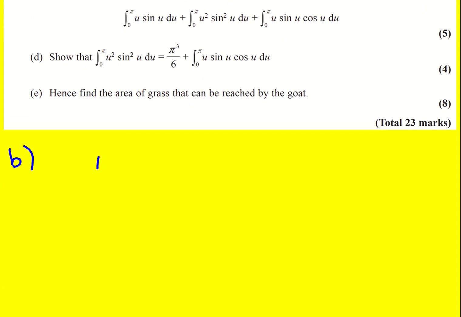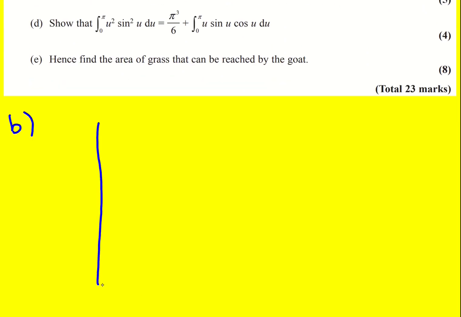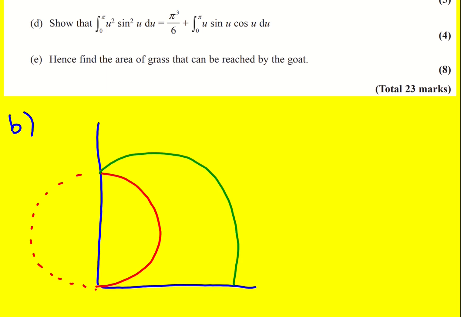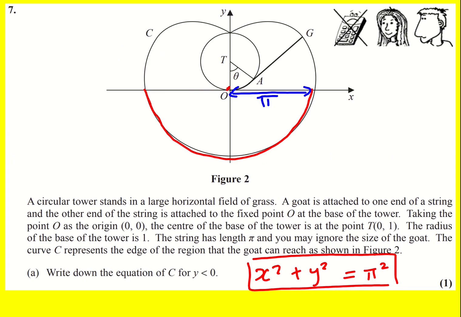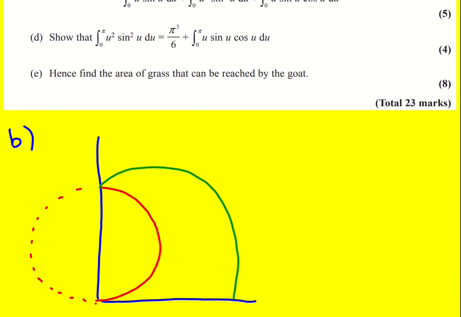So I'm only going to look at the positive x and positive y axis. Remember, I've got this circle that is occurring a little bit like that, and it continues round, not a bad circle. And then G is the path that the goat can take. And it looks a little bit like that. I'm not doing it exactly to scale. We've got the origin.